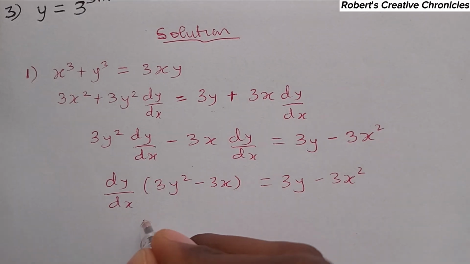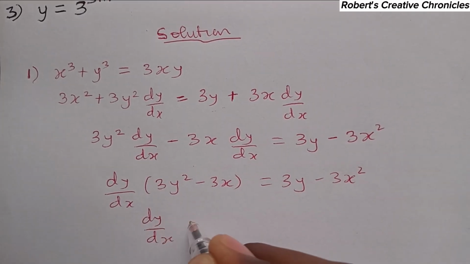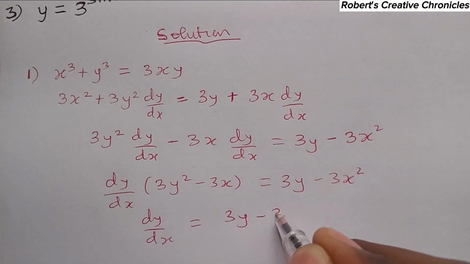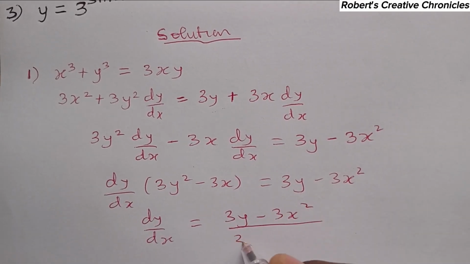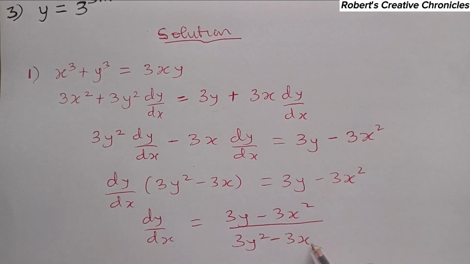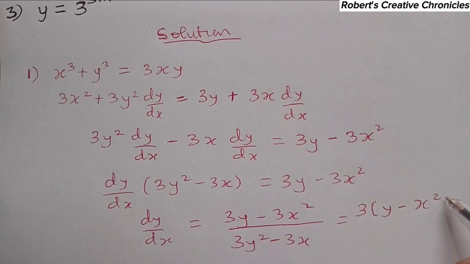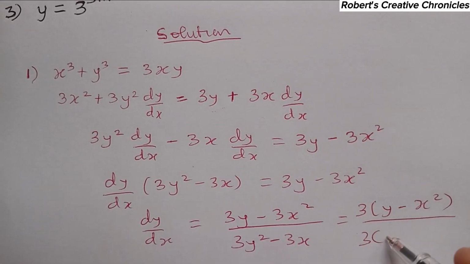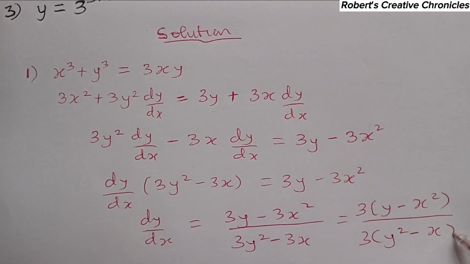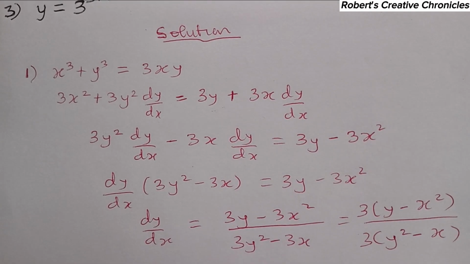So now this becomes dy over dx is equals to (3y minus 3x squared) over (3y squared minus 3x). So you can further simplify it: (y minus x squared) over (y squared minus x), as 3 will cancel 3.